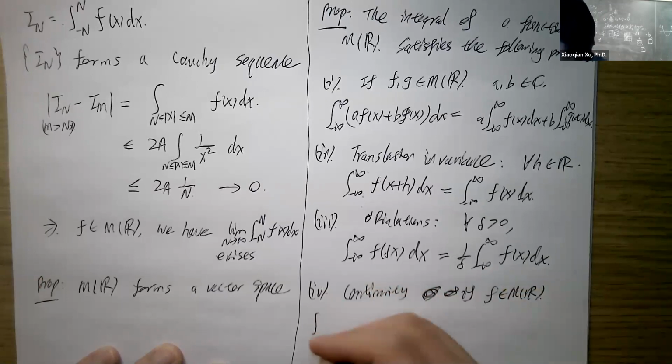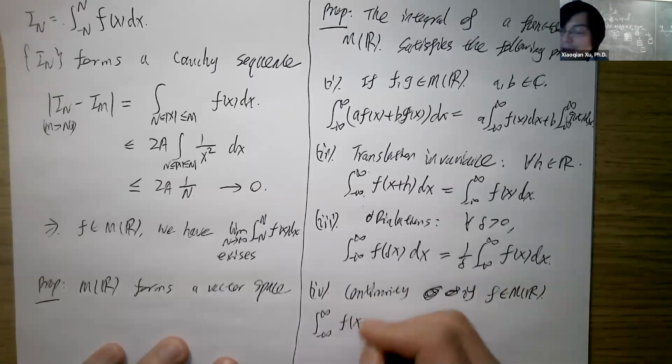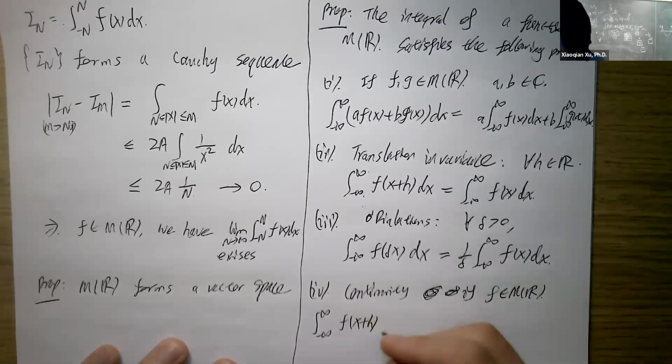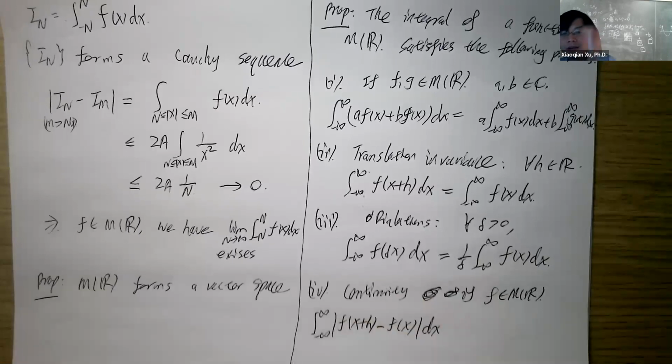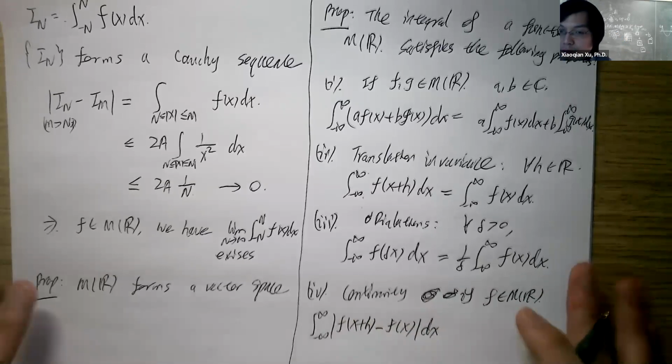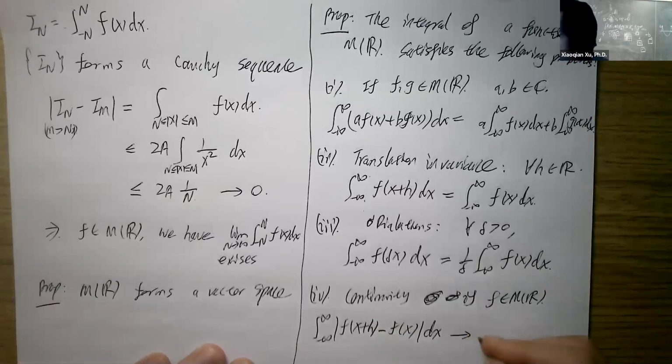If you check what happens with the integral of f(x plus h) minus f(x) dx, it's the integral of the difference of f(x) and f(x plus h), and as h tends to 0, it tends to 0.